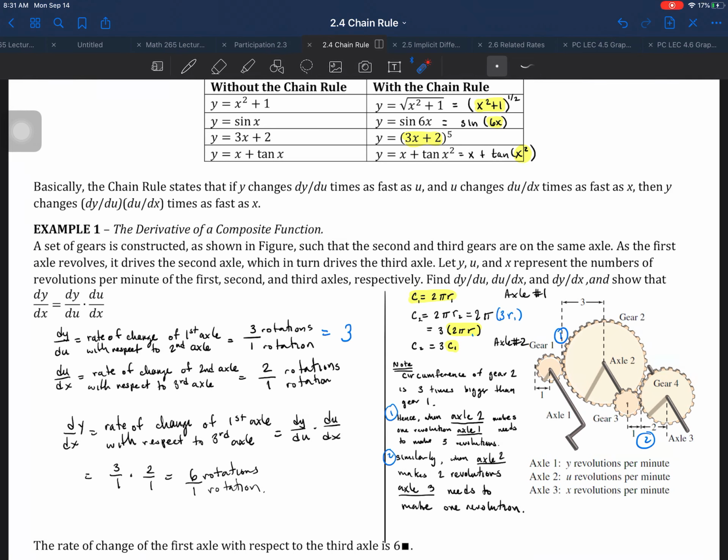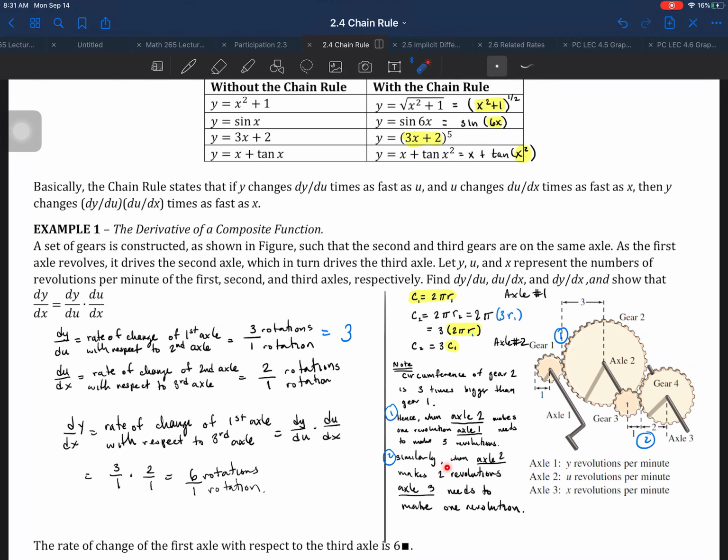Using a similar argument, it's going to require 2 rotations of gear 3 to make 1 rotation of gear 4, meaning it's going to require 2 rotations of axle 2 to make 1 rotation of axle 3.